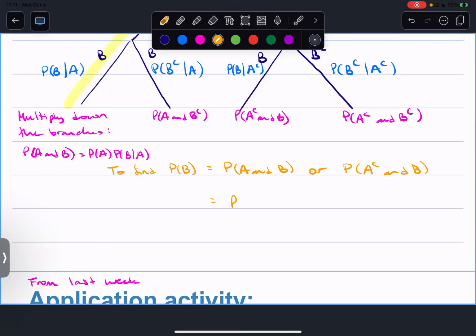So that's the probability of A and B plus the probability of not A and B.